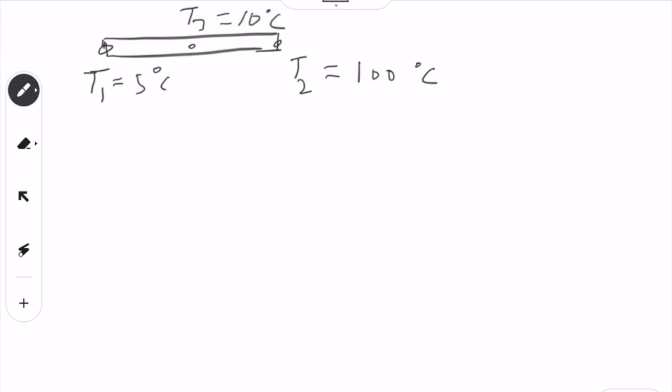Then you have to find out T(x). Let us say x is varying like this: this is x equal to 0, this is x equal to 1, and this one is x equal to half. Then we have to find T as a function of x.